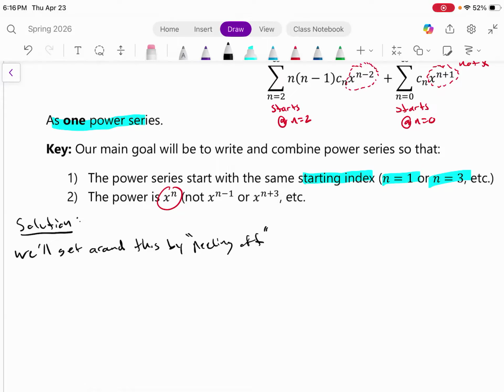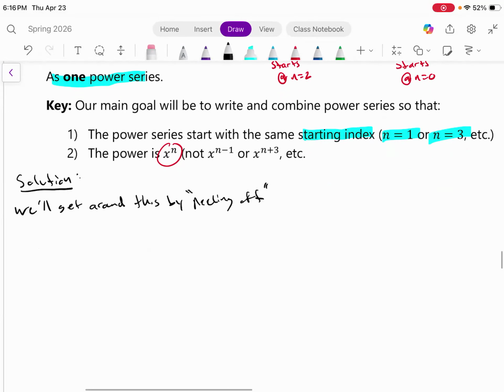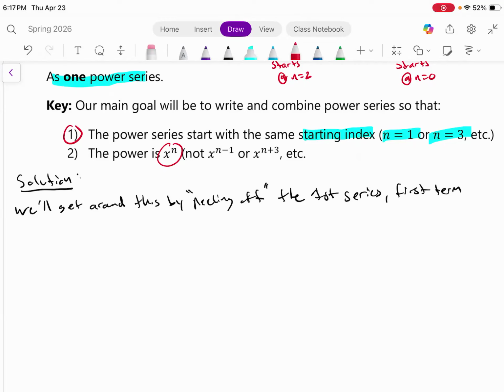I'll put quotations around peeling off because it's not the actual phrasing, but that's kind of what we like to think about it as. We'll peel off the first term. Okay, so we're trying to get the same starting index. So what we're going to do is peel off the first term of the series to get it up to n equals 3. So what do I mean by that?